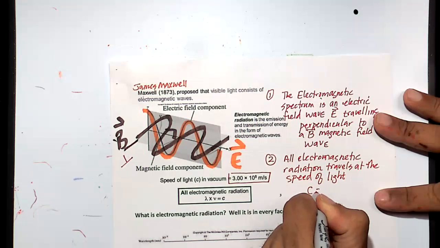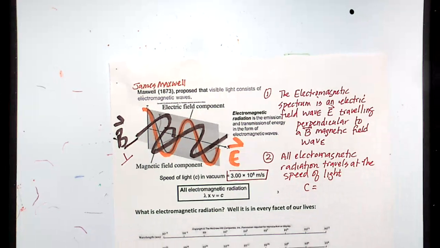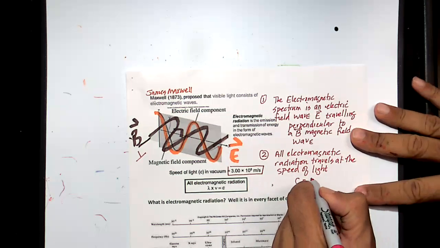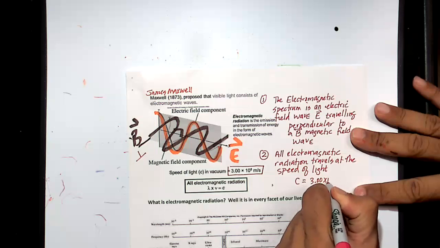We're going to call that C, and C is a constant, and that constant is 3 times 10 to the 8 meters per second.